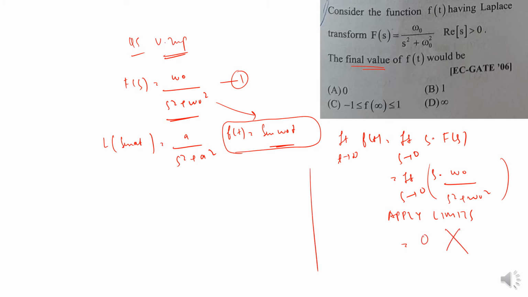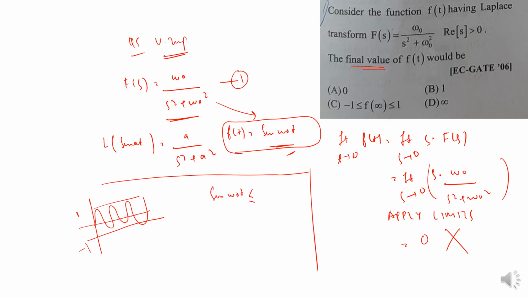See, we know that the function is sin omega naught t. How does a sine function look? The value always lies between 1 and minus 1. So sin omega naught t always lies between minus 1 and 1 at any point, and even at t equal to infinity.